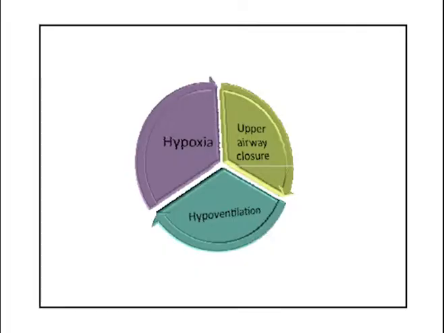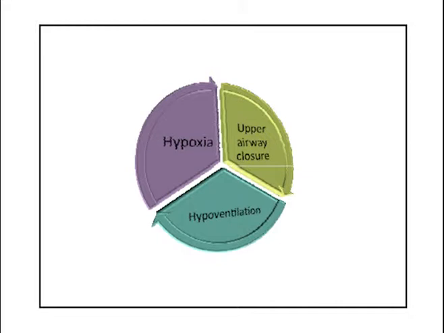What do you do? What you do is you send this patient to your next laboratory, to the next physician in line. But it's clear, what do you do here? Okay. Because you have a few things to tackle. First of all, you have to understand you have to take care of hypoxia. You have to understand you have to take care of upper airway closure. And you really have to take care also of hyperventilation.